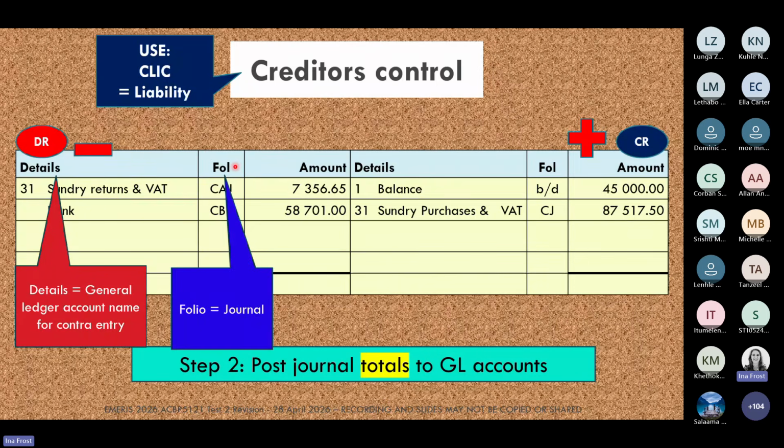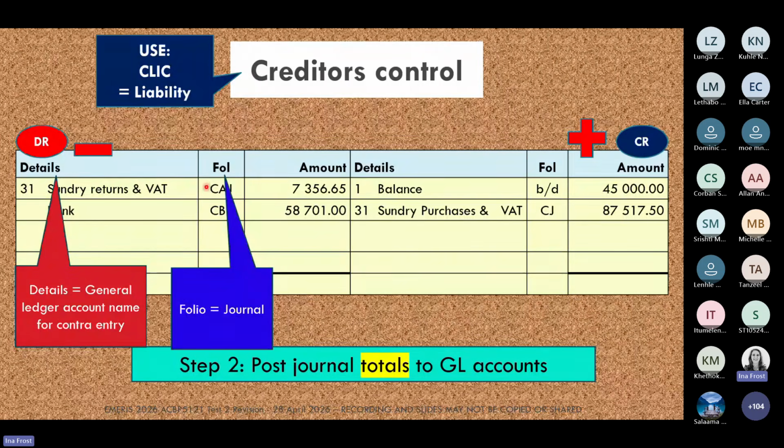Folio, so remember earlier there was a student that asked if we had to do folios in the general journal. And we said not for the general journal, but definitely in the general ledger. So in the general ledger, we are always looking for folios. And what do I mean by folio? I mean the journal where the transaction was recorded.